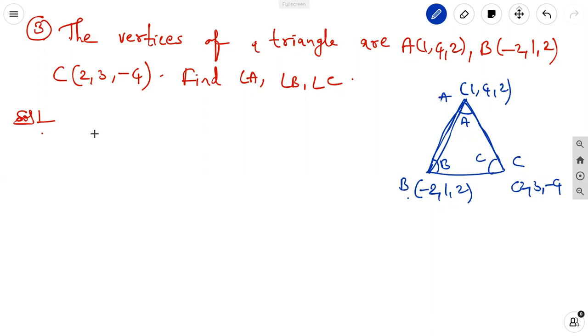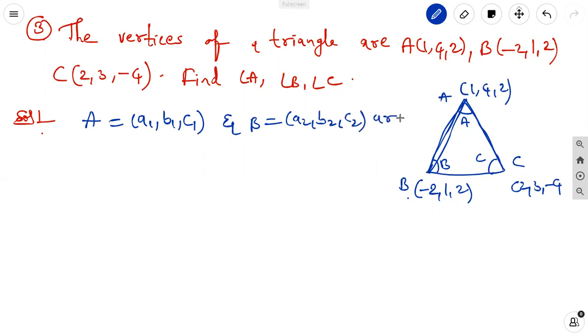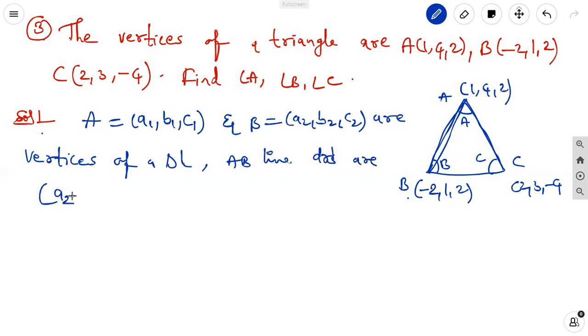First, how to find out the direction ratios: suppose A is (a1, b1, c1) and B is (a2, b2, c2), vertices of a triangle, then the AB line direction ratios are a2 minus a1, b2 minus b1, c2 minus c1. These are the direction ratios.